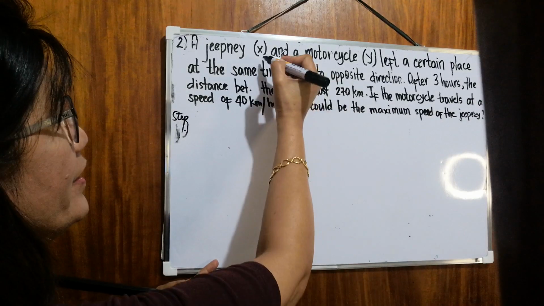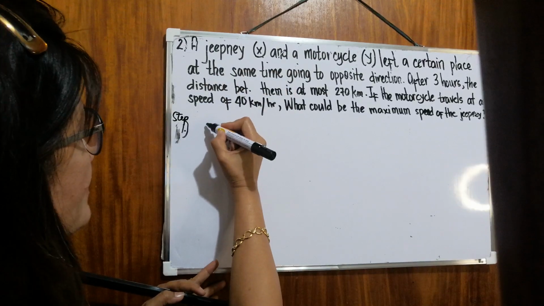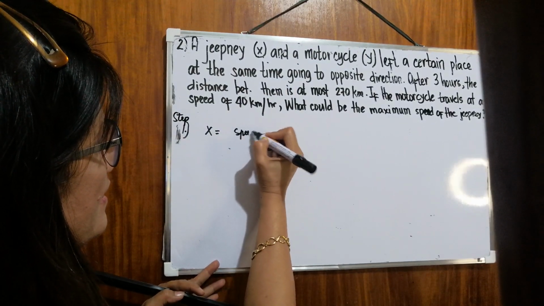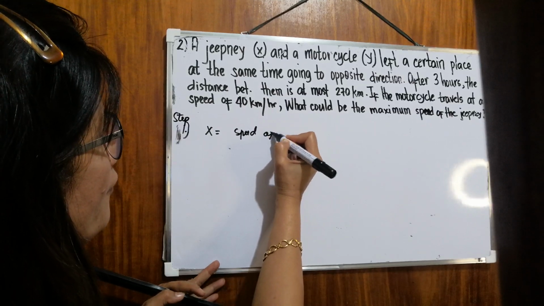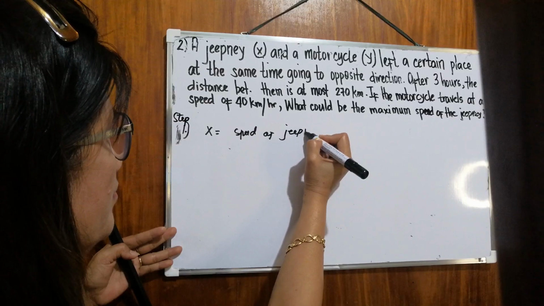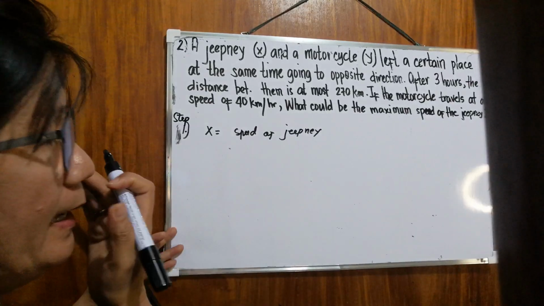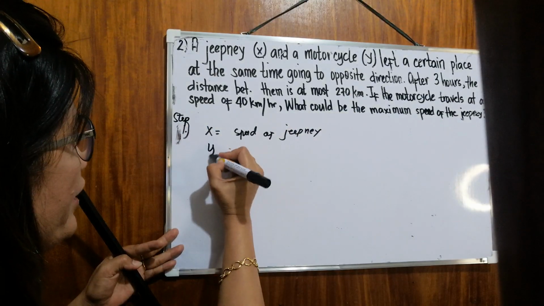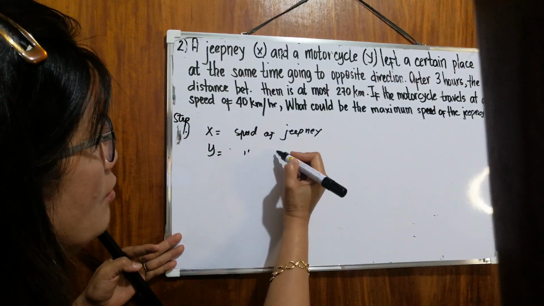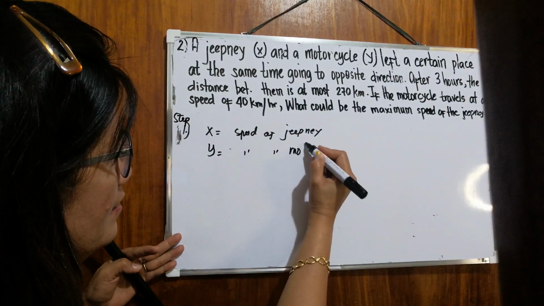So you can use the variable x. X is for the speed of the jeepney. Okay? And we will use the variable y to represent the speed of motorcycle.